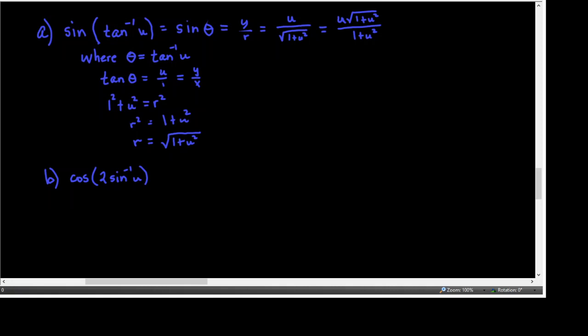So I'm going to take out the inverse trig function in this problem and replace it with a variable name like theta, where theta is equal to sine inverse of u.